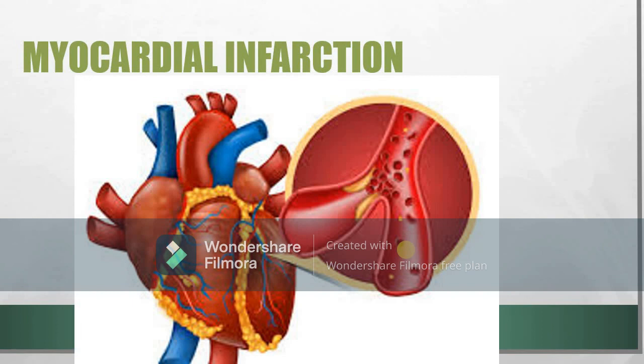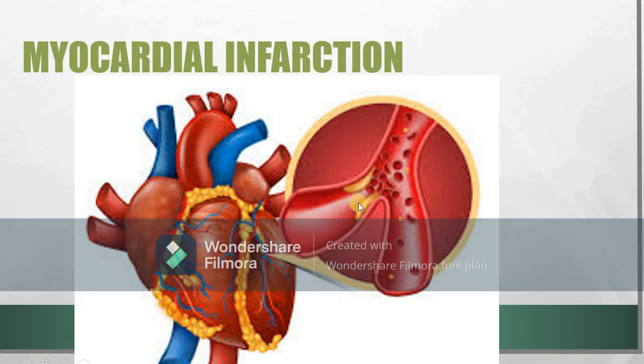The other one is myocardial infarction. Myocardial infarction is derived from the word myocardium, which means the heart muscle, and infarction means tissue death. It is the most common reason for heart attack, when the blood supply to part of the heart is interrupted.